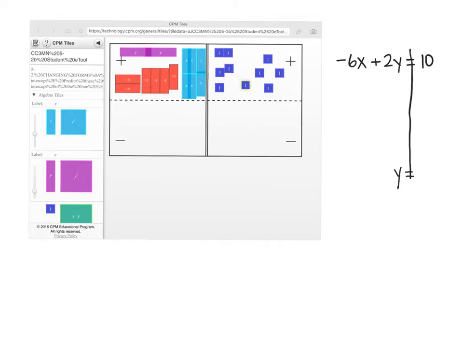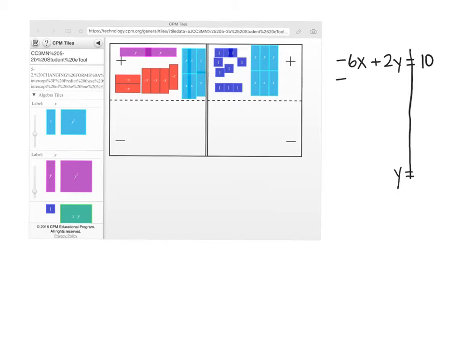Just condensing these unit tiles here to put them a little closer together. Okay, now I'm going to add my 6x tiles to the right side as well. So let's write down this algebraic step here on our paper.